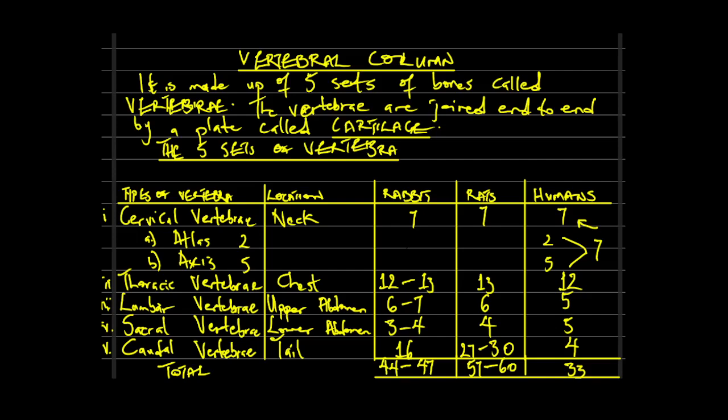So now we need to understand that some of these bones have specific functions, like the bones that are found in the neck, the atlas. Let's quickly look at this.